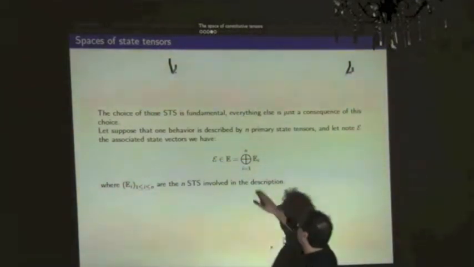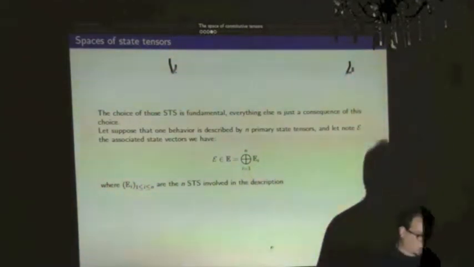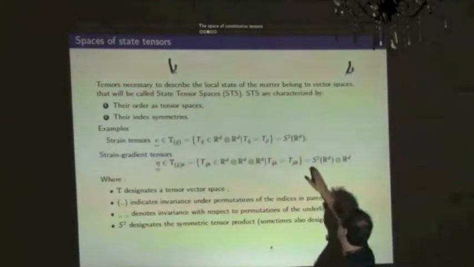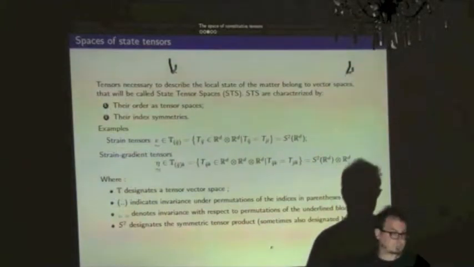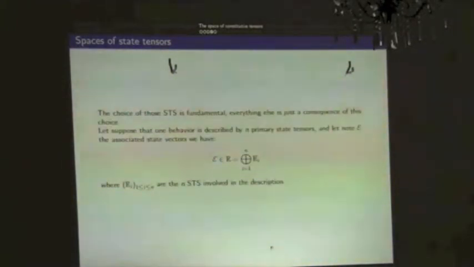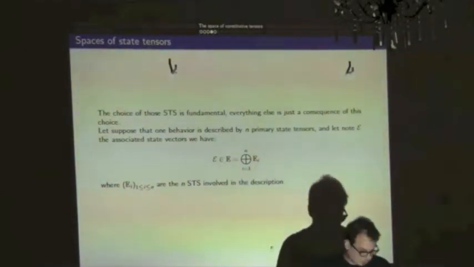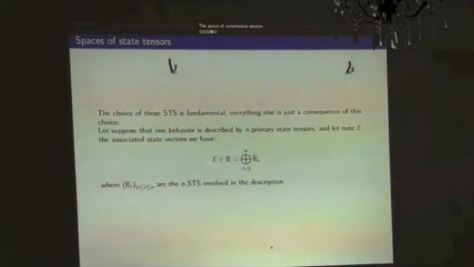Okay, so if I put together all the spaces involved in my description, for strain gradient it will be this space plus this one, and I will obtain what I call E. Big E, this vector space that will describe at each point the state of my matter. So I can imagine that I need n tensors to locally define what is going on at each point.